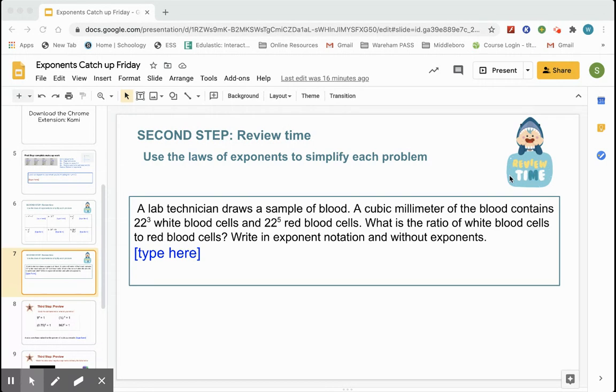If we don't see a number in the numerator, remember it would be the phantom 1. And then fraction bar, and 22 to the 5 minus 3 power is 22 squared.